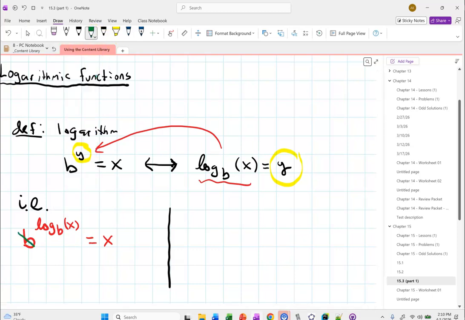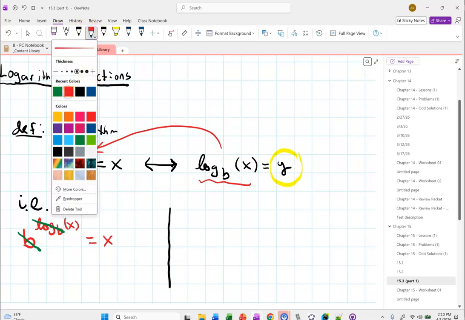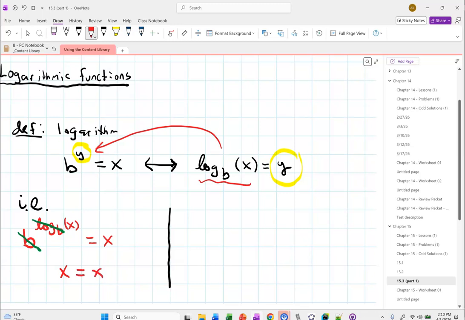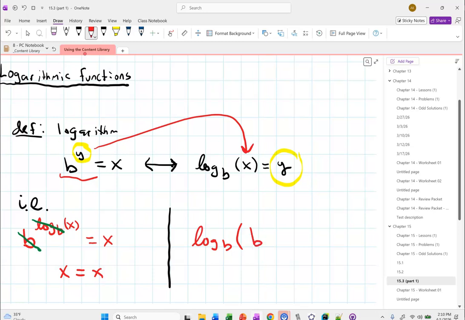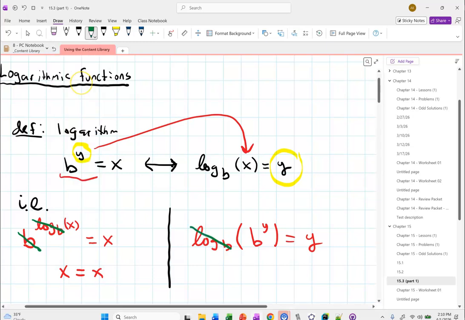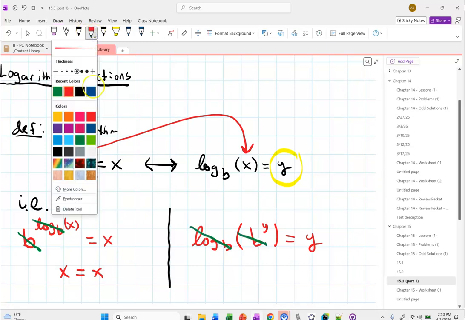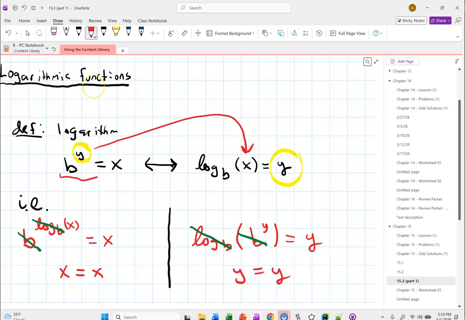So what's going to happen here is that exponent base b and log base b cancel out, and we're left with x is equal to x. If I made a similar substitution and I know b to the y is equal to x and I drop that into the x over here, we can say that log base b of b to the y is equal to y. And then log base b is going to cancel exponent base b. We have that y is equal to y.